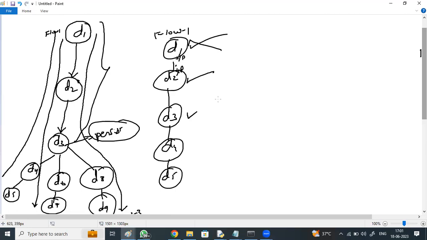When D3 is ready, D2 gets removed. When D4 is ready and computed, D3 gets removed. When D5 is ready and the total output is collected, D4 and D5 are also removed. Now nothing is present in the RAM.